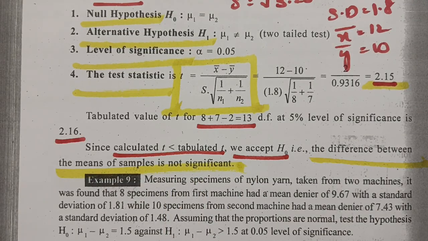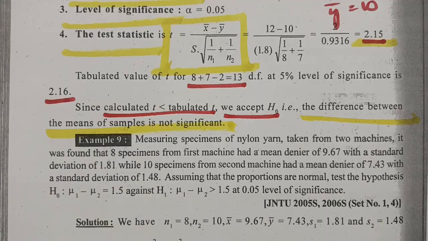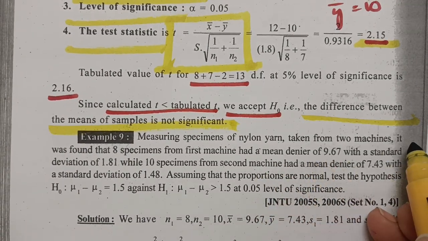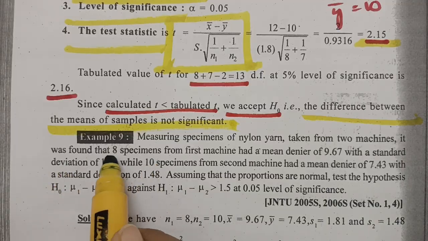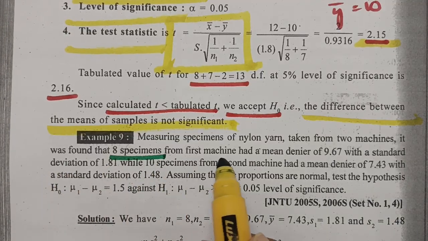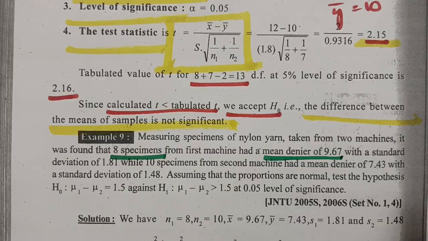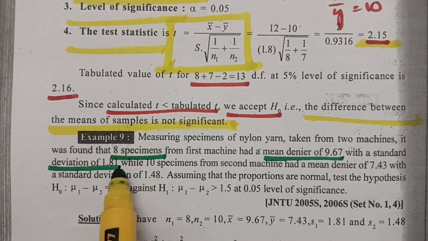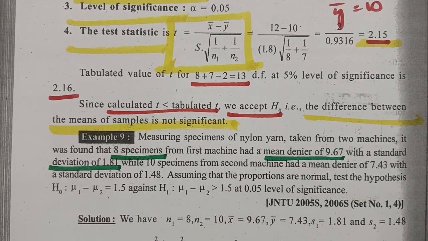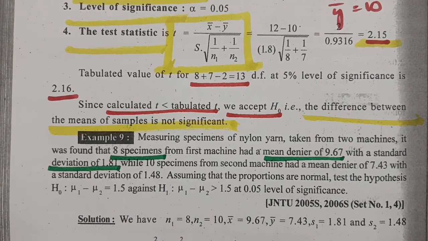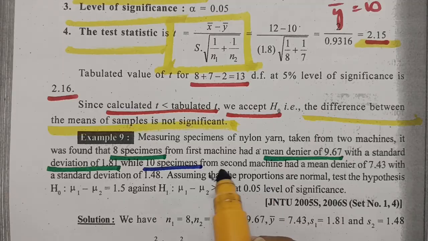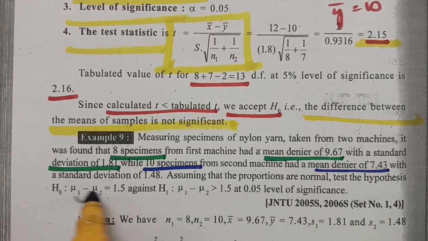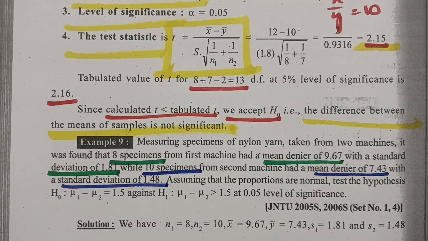Clear? And the next question, the ninth question here: measuring specimens of nylon yarn taken from the two machines, it was found that 8 specimens from the first machine had a mean denier of 9.67 with the standard deviation of 1.81, while 10 specimens from the second machine had a mean denier of 7.43 with the standard deviation of 1.48.